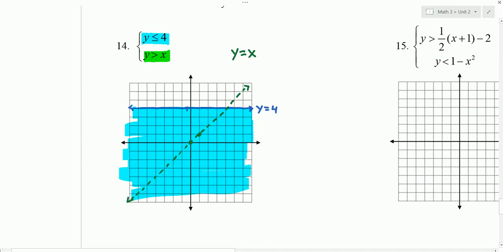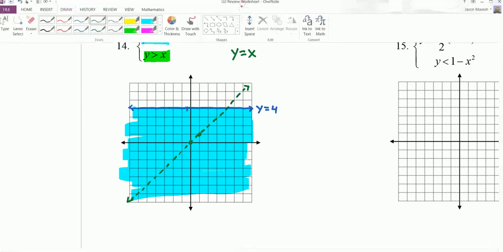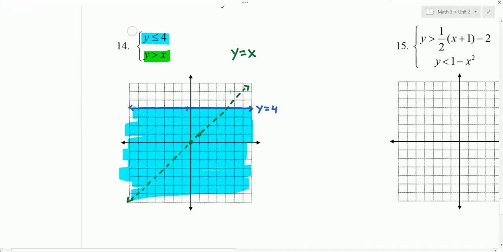Both directions. And we want to shade above this y equals x because it's y is greater than x. So I'm going to take the green and shade above. Okay. The solution to this is where the shadings intersect, where both colors are at the same time.